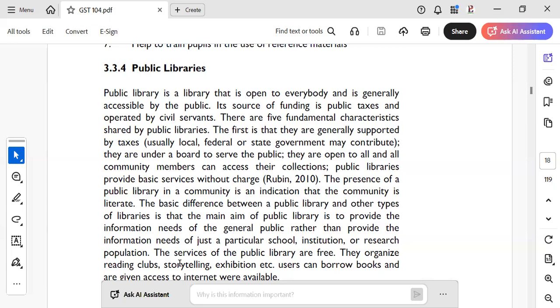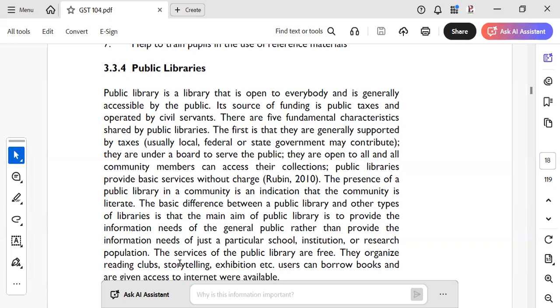Put it in mind that the main difference between public libraries and the other types of libraries that we've mentioned earlier is that a public library's main aim is to provide for the information need of every member of the community, not some segment or some groups like in academic, research, or school libraries.